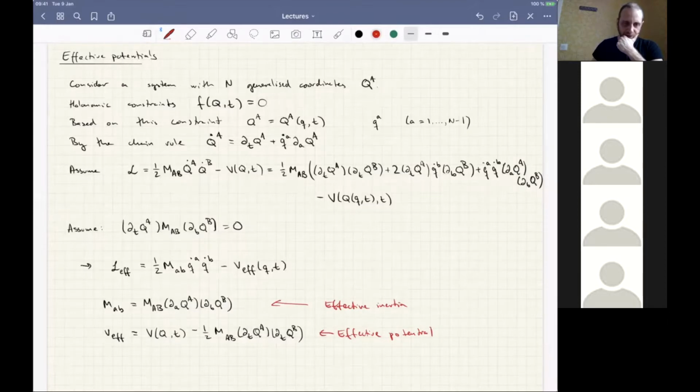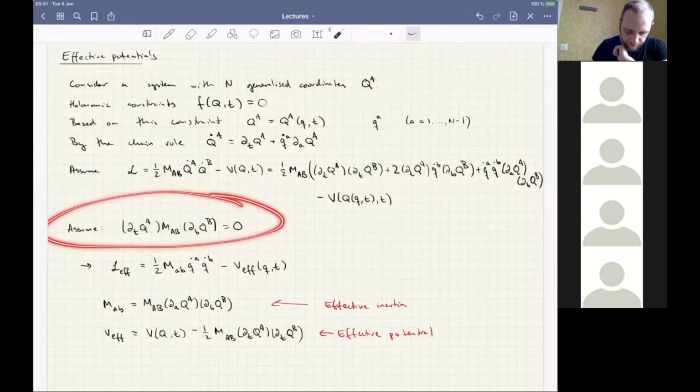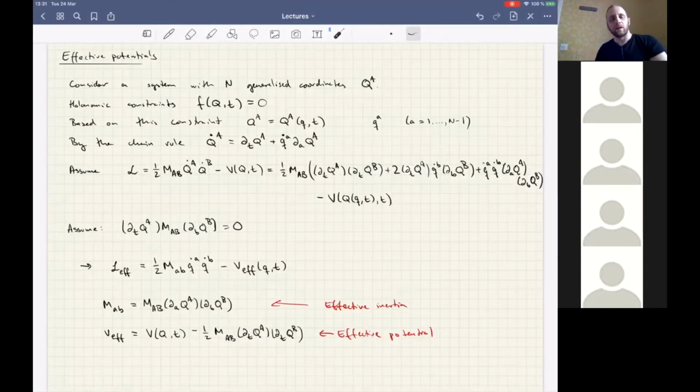Any questions so far? Yeah, I have a question. Your assumption, this assumption, where does it come from? Yeah. So this is not necessarily going to be true. This is just an assumption now to get the effective Lagrangian on this exact form.